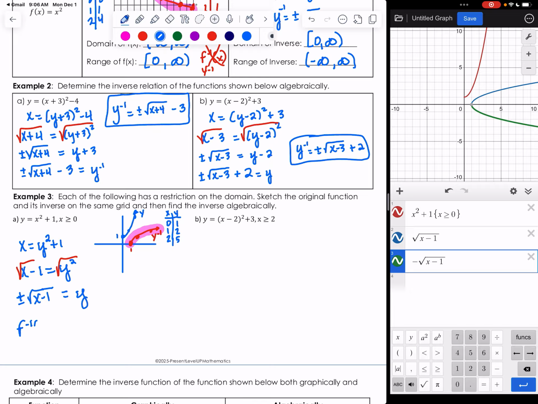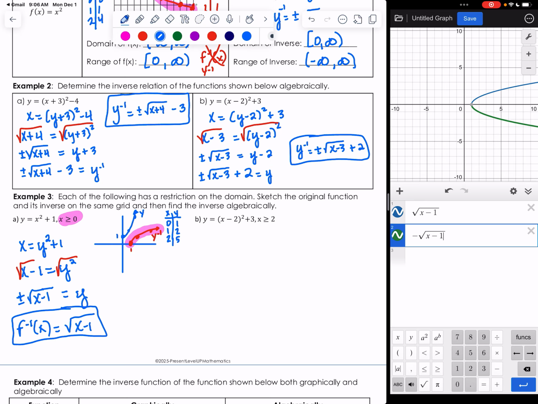F inverse of x will be the positive square root of x minus 1. F inverse of x is equal to the positive square root of x minus 1. We don't want to include the negative square root of x minus 1 because of this domain restriction right here. Okay. All right, let's look at problem B.